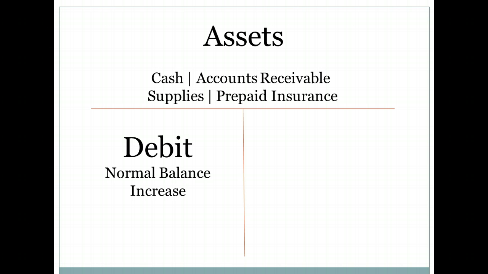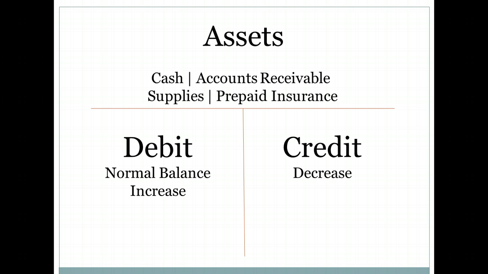Now, the normal balance side is also the side that we will always use to increase the balance of an account. So if we want to increase the balance of our cash, our accounts receivable, our supplies, or our prepaid insurance, we know that we need to debit them. If we want to decrease the balance of an asset account, we know that we need to credit.